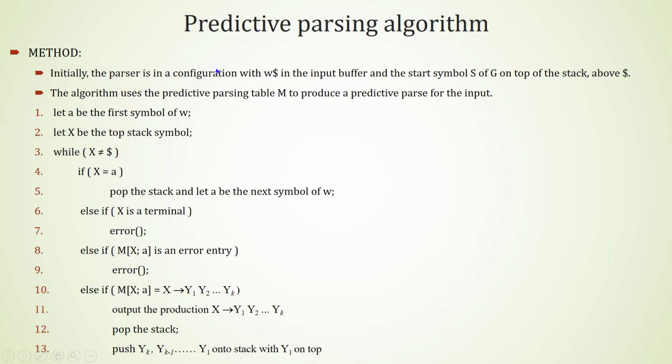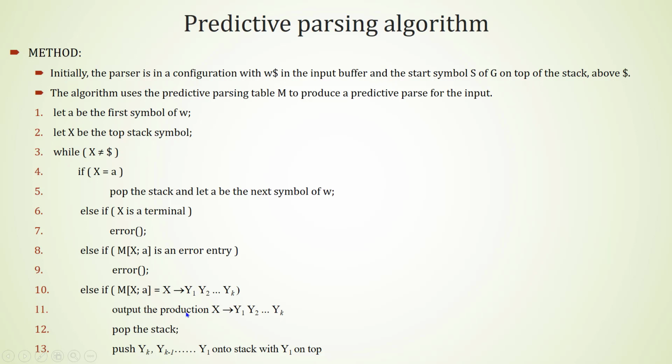So this is the algorithm for predictive parsing. Initially the parser is in a configuration with w dollar in the input buffer, and the start symbol S of G on top of the stack above dollar. The algorithm uses the predictive parsing table M to produce a predictive parse for the input. So this is the predictive parsing algorithm.